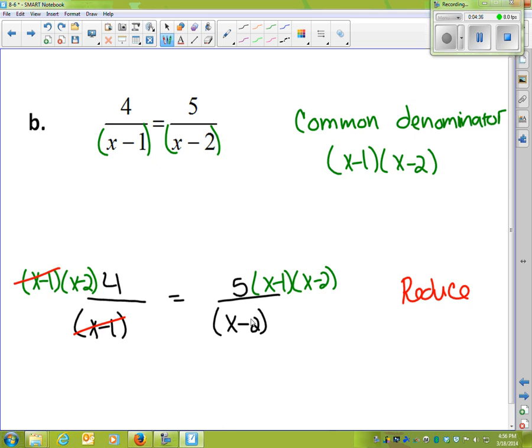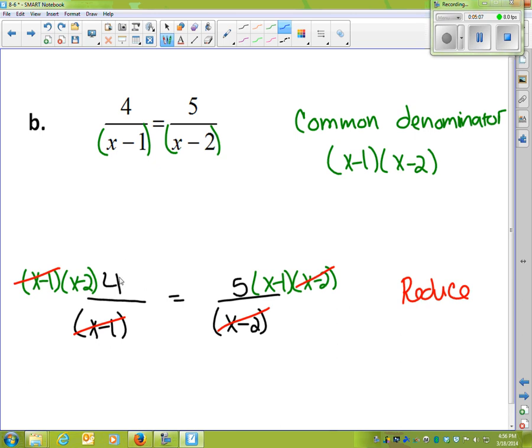The x minus 2 in the denominator is canceled with the x minus 2 in the numerator. Again, I can only do this because I'm doing it to both the left and the right side of the equation. When we're simplifying expressions, like in the previous lessons, we couldn't do this because there was no equal sign involved. As long as it's an equation, you can multiply anything you want into the equation.